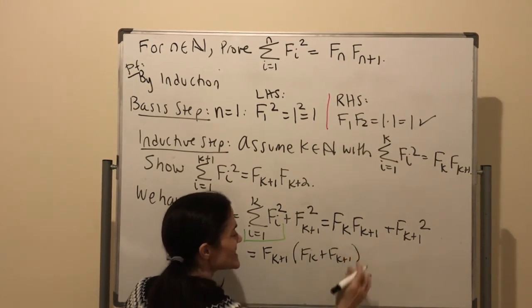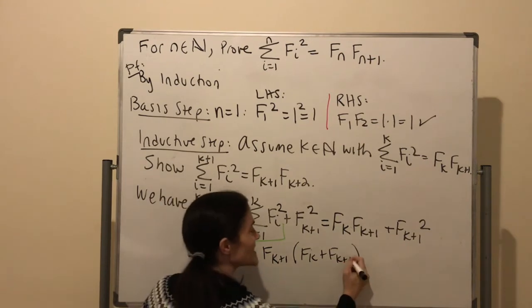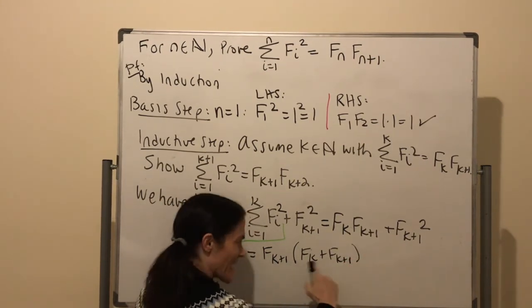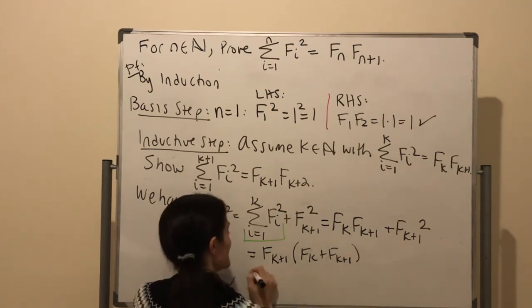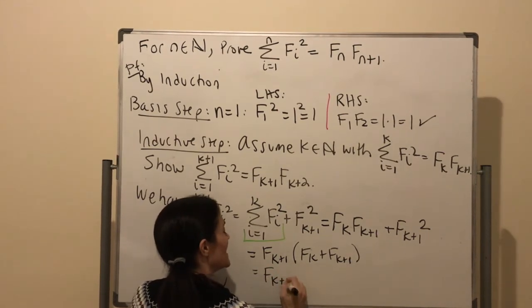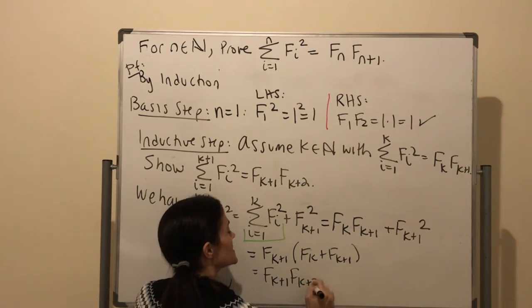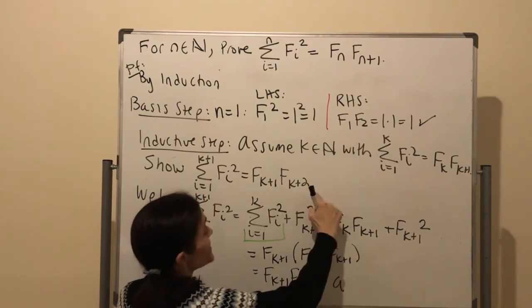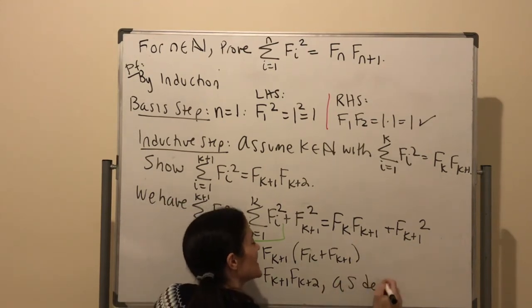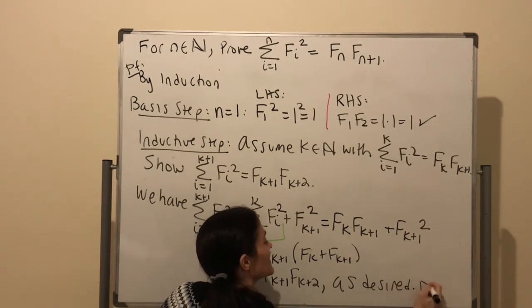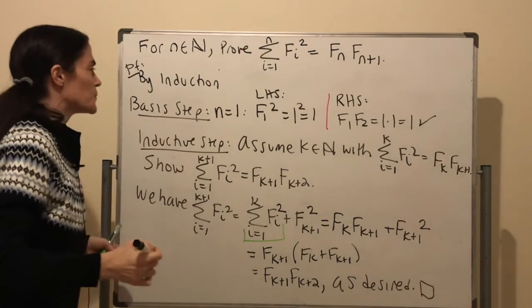And this is when we can use that we're actually working with Fibonacci numbers. f_k plus f_{k+1} is f_{k+2}. So this is f_{k+1} times f_{k+2}, and this was exactly what we wanted to show. And this is the end of this proof.